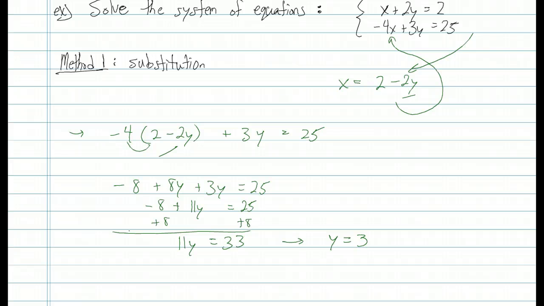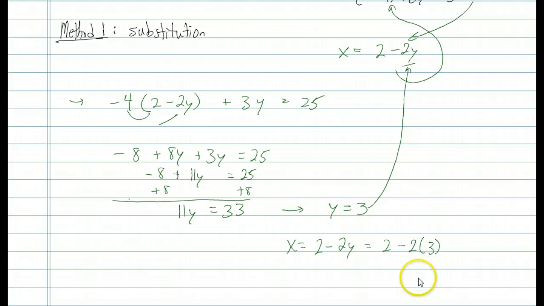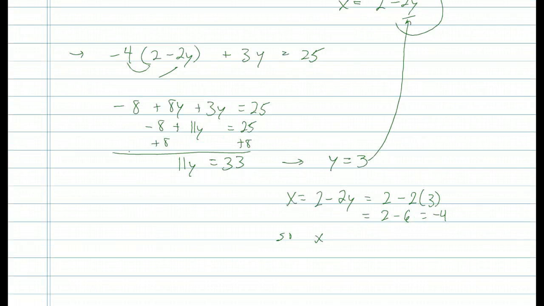Now to solve for x, we can plug y equals 3 into either equation, or just plug y equals 3 into the equation we got by solving for x. That's going to give us 2 minus 2 times 3, 2 minus 6, which is negative 4. So putting this together, we have an ordered pair.